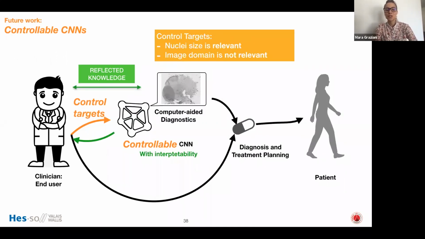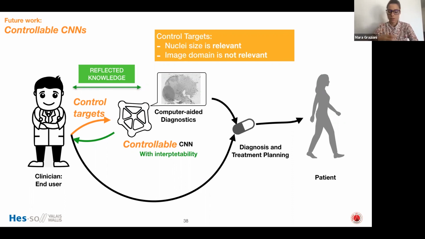As for the future, one thing that we would like to try is to actively change the training of the network parameters by introducing the clinician's prior knowledge and feedback on the interpretability analysis. The clinician, for example, could specify some important concepts to the CNN, asking the model to pay attention to the correct things and to discard what doesn't matter for the classification.